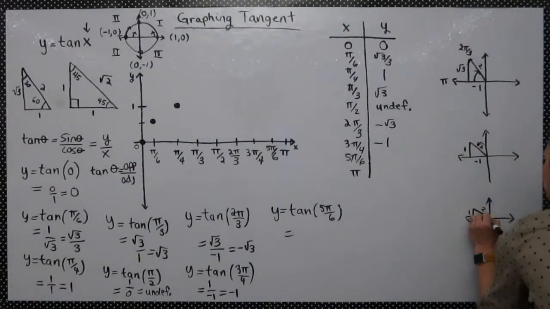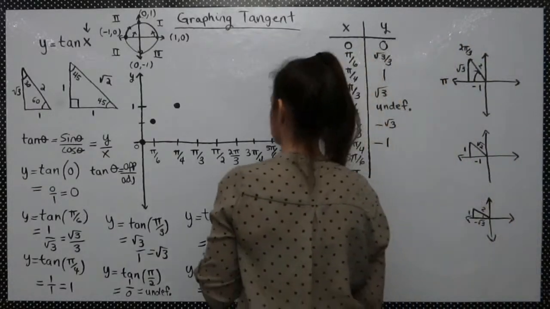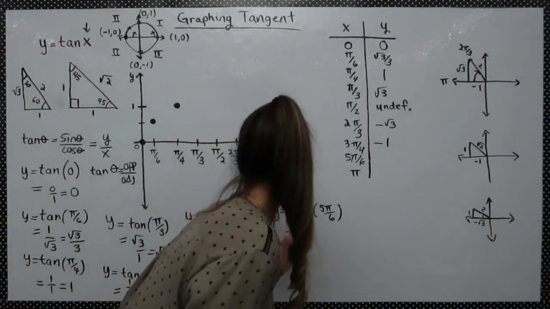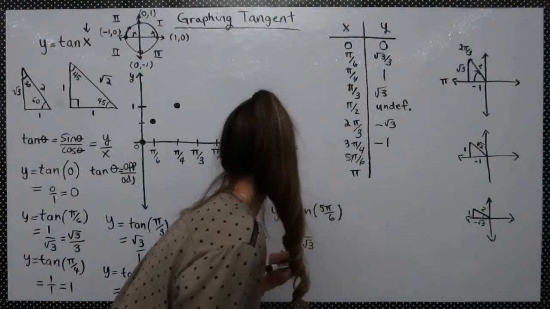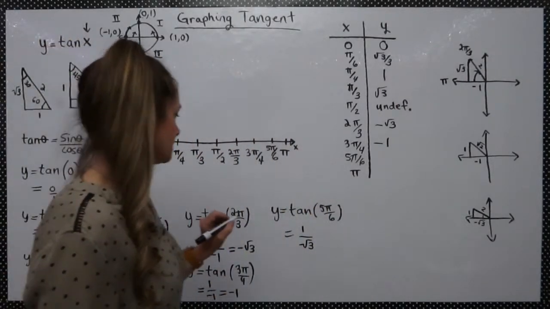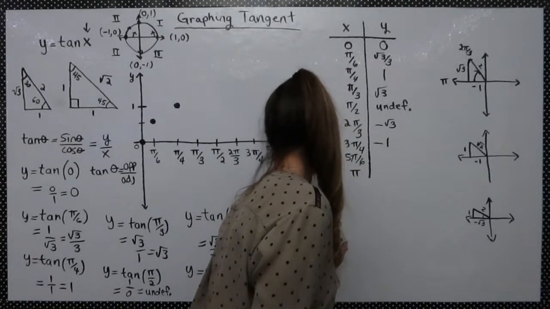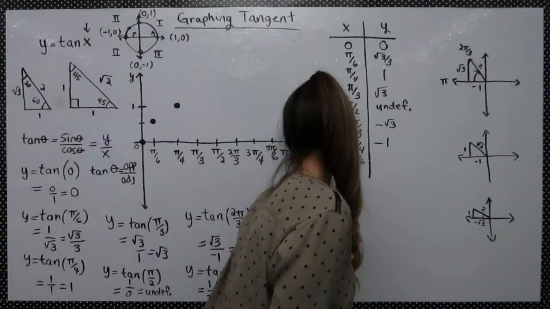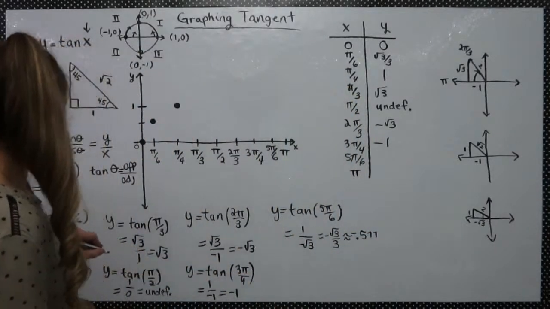So if this is 30 degrees here, then it's 1 and negative radical 3. And so we're going to apply that rule. Opposite will be 1. Adjacent is going to be negative radical 3. Rationalize that. That's going to give you negative radical 3 over 3. And we figured that out. It was like negative 0.577, something like that.